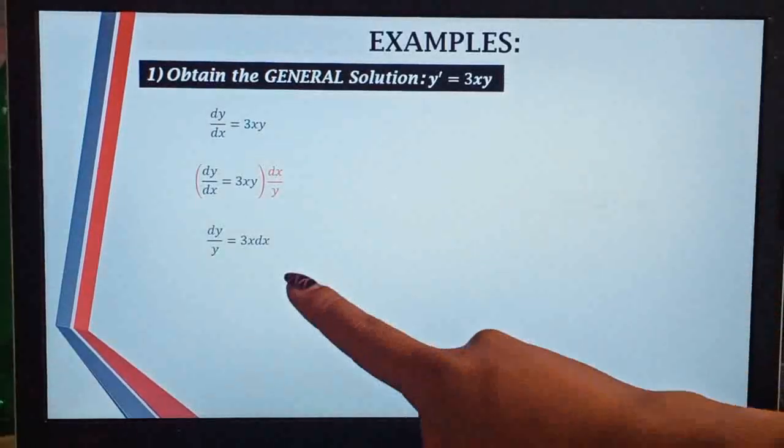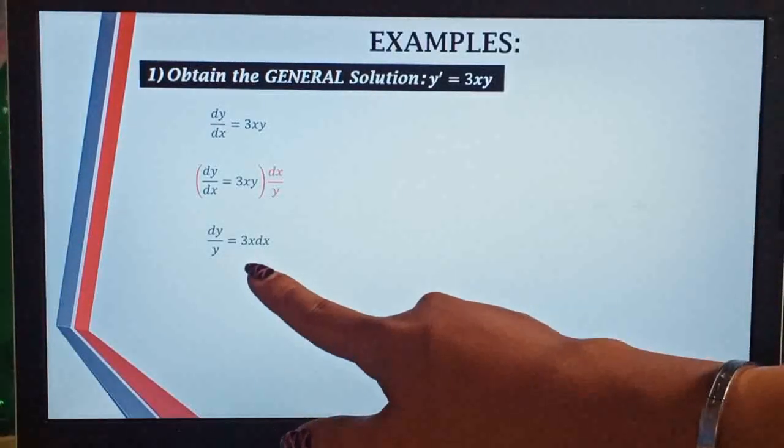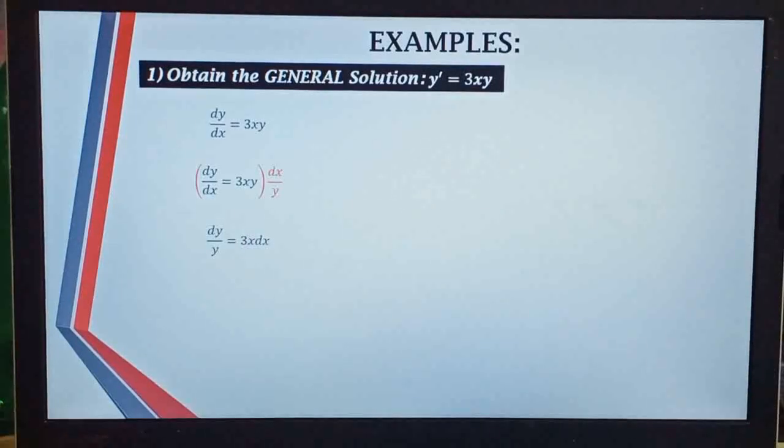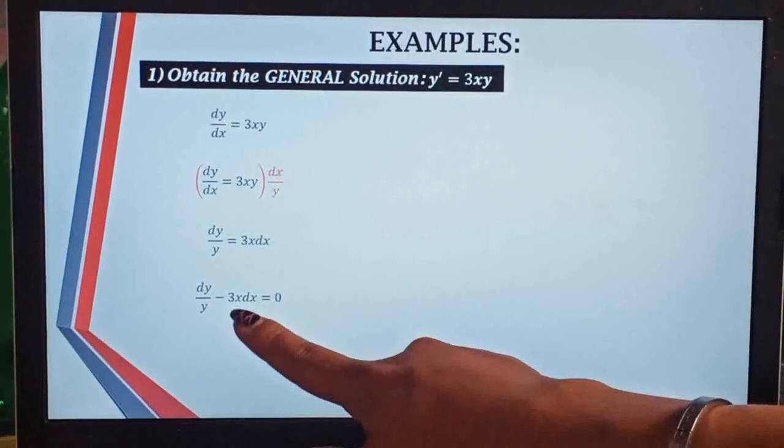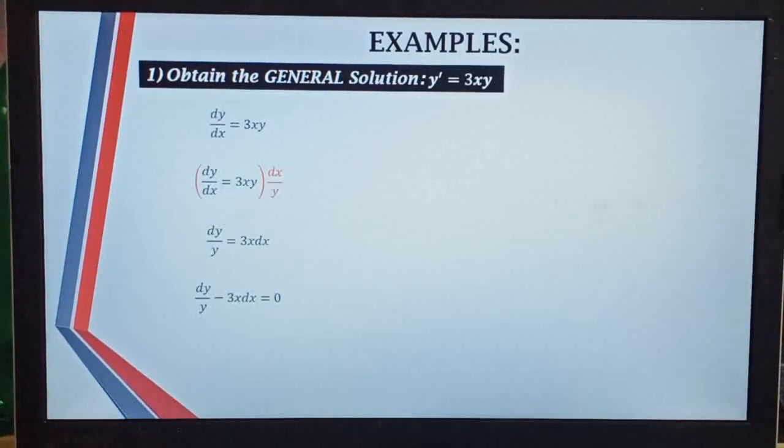Since y and x are now separated, we just transpose to the other side. We now have the equation dy over y minus 3x dx equated to 0. Then, we can now integrate.